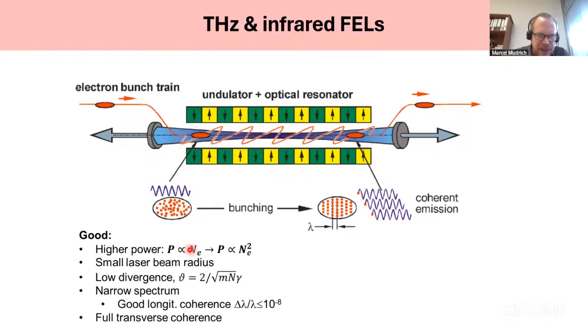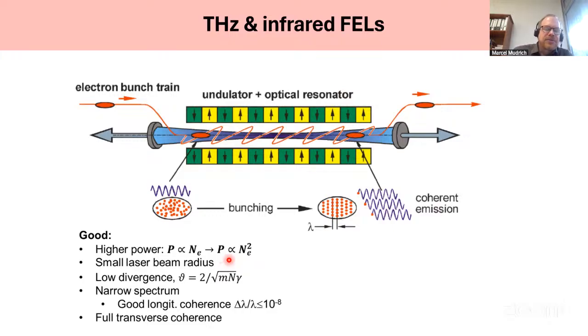Yeah, so the advantages of this type of free electron laser are that the power can be very high, in particular since the power now scales as the square of the number of electrons due to the coherent emission of radiation.